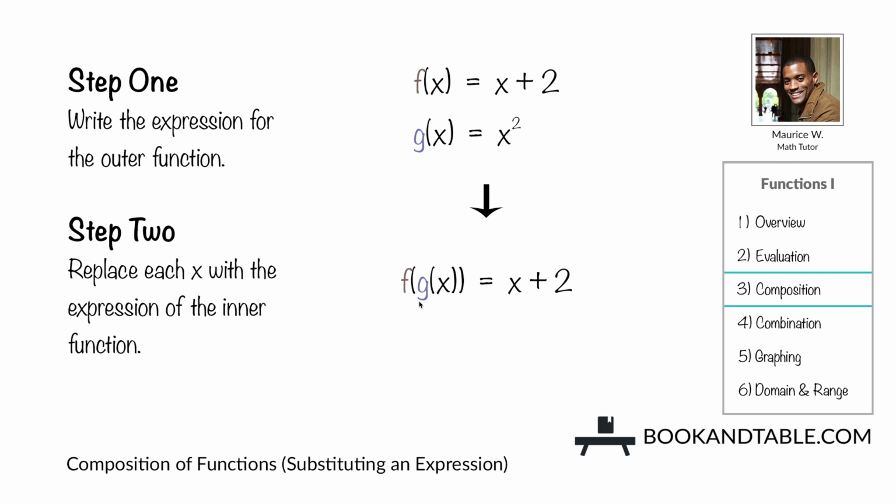So we don't have f of x, we have f of g of x, which means we write the f function, and instead of writing x, we replace each x with the function g, which would be x squared. So we substitute x squared in for x here. So this shows us that f of g of x is equal to x squared plus 2.